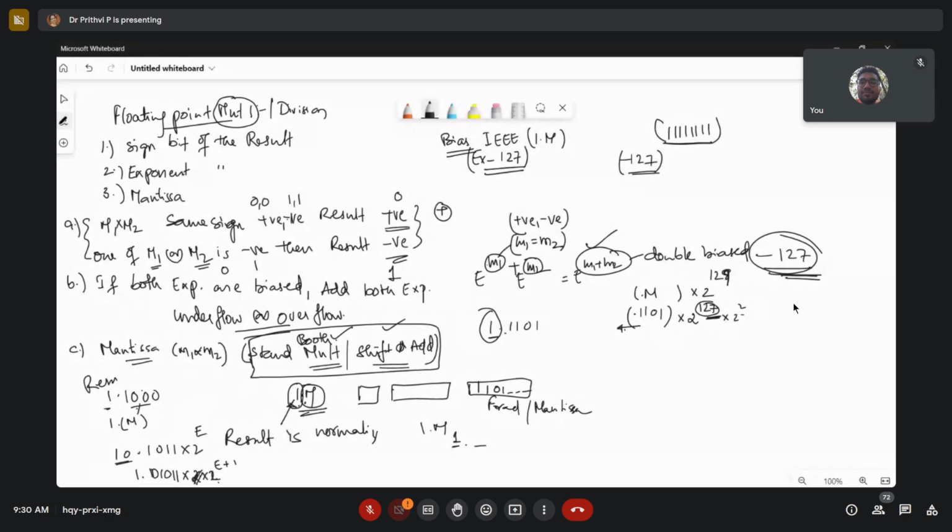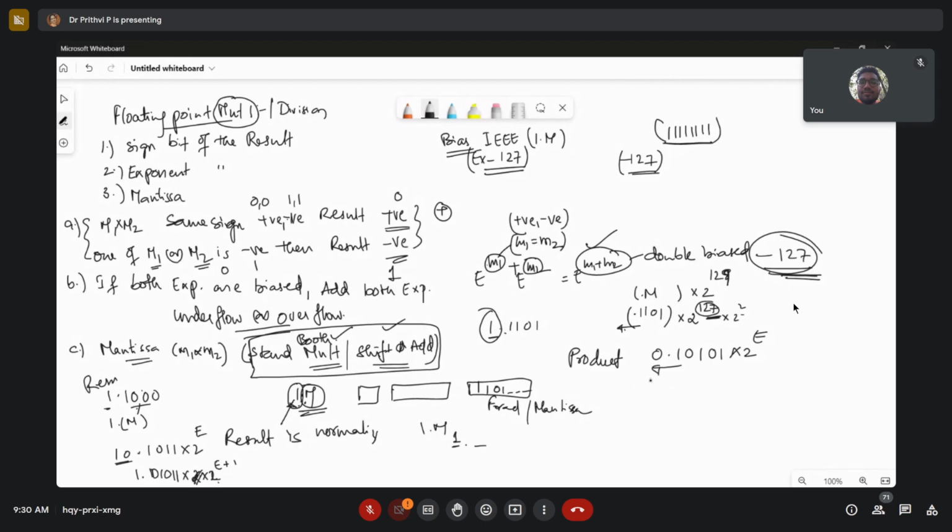Yes or no? Now, say your product after you multiply is of this sort, into 2 power exponent. It is not in 1.m format. So what do you have to do? You have to do a left shift operation.